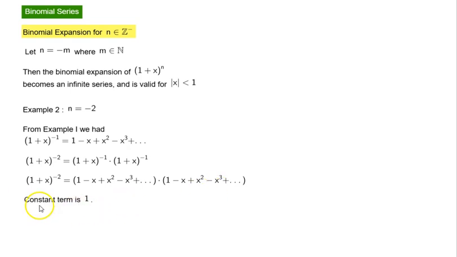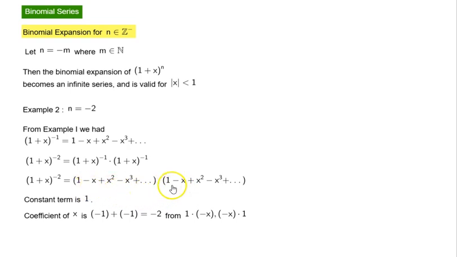Now here, the constant term will be 1 times 1. If you multiply any of the other terms, you will not get 1. Now, the coefficient of x is minus 1 plus minus 1, which is equal to minus 2. How did we get this? 1 times minus x and minus x times 1.